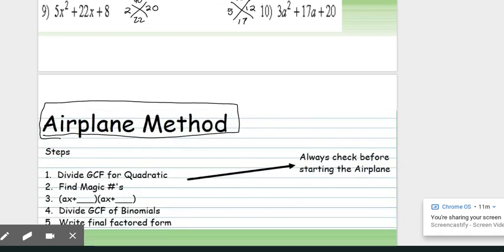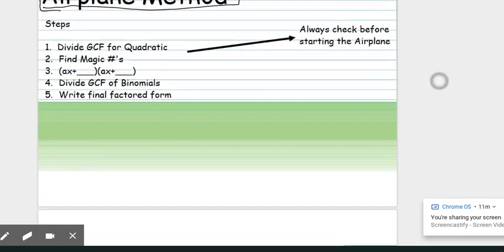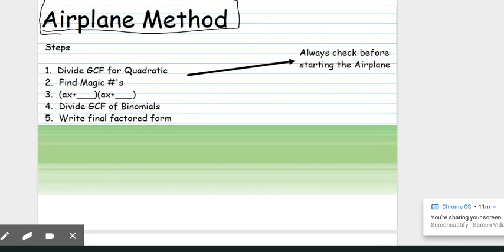Okay? So our steps, and I'm going to tell you, we are not going to see a bunch of problems that have step 1 in them just for time. But the first thing we actually should do is you should always check to divide out a greatest common factor. We want to factor that out immediately. If you don't do that right away and it's there, you're not going to arrive at the correct answer.